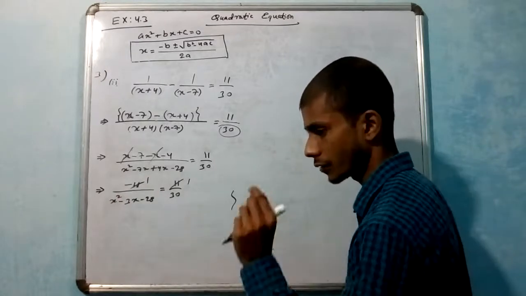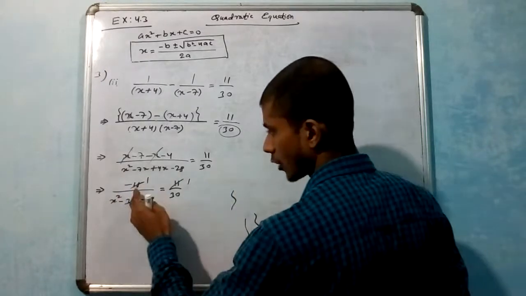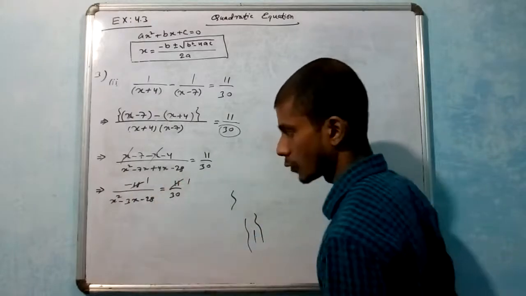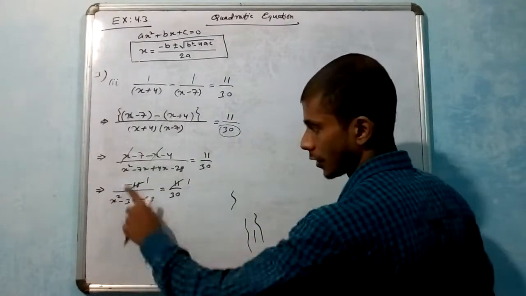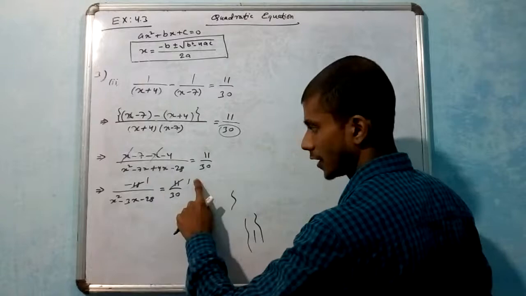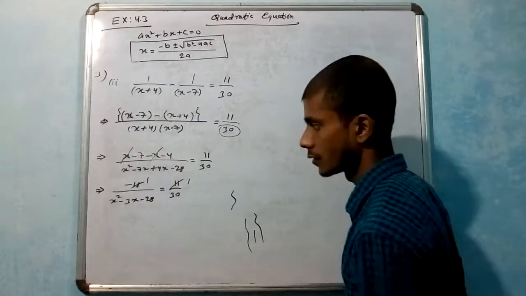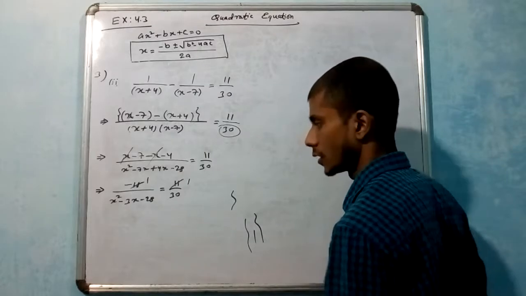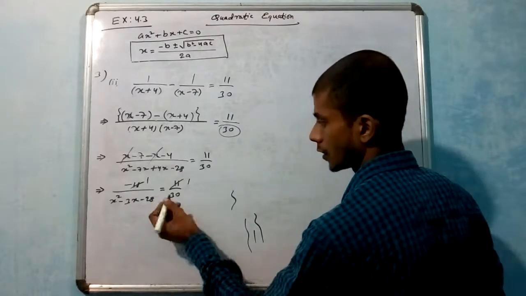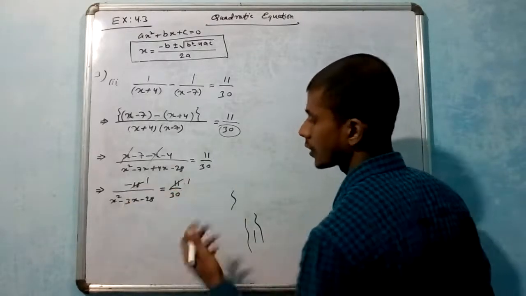Okay? Trick, one small trick. If on the same side of the equal to sign, then up and down cancellation. If on either side, then it must be either on the numerator or denominator. Here see 11, 11.